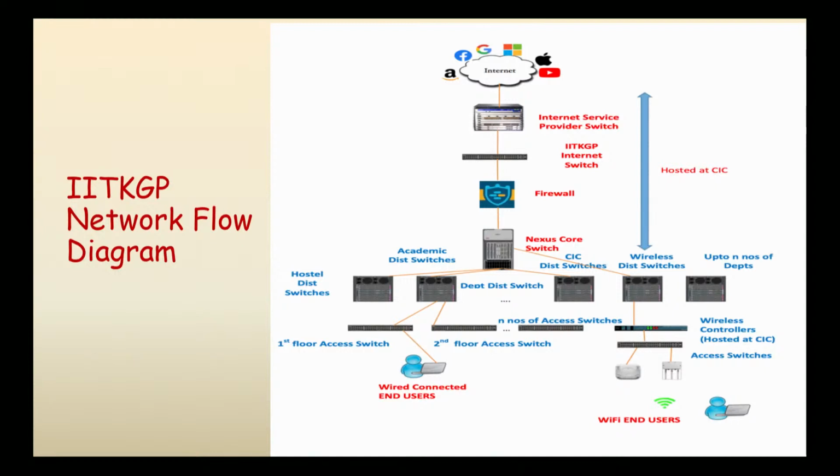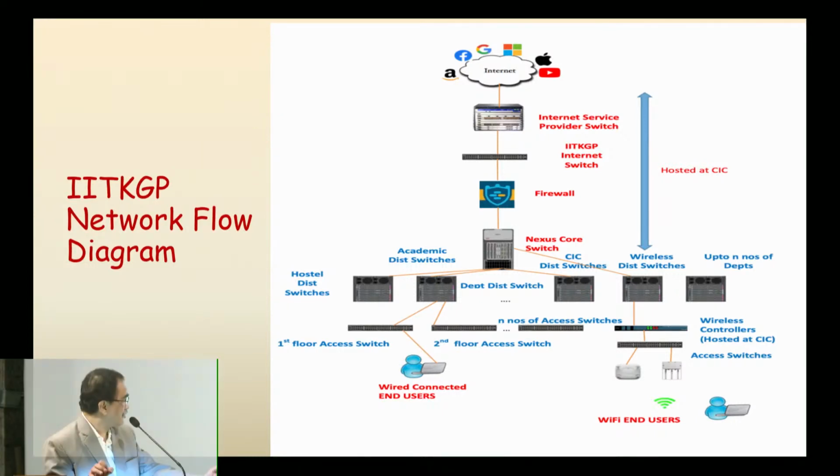So you can see over here, it is written hostel distribution switches, academic distribution switches, department distribution switches, wireless distribution switches, and each and every department has separate distribution switches, right? From there it goes to the access switches. Each of the hostels, each floor has access switches. From there the students get wireless on their laptops and access it.